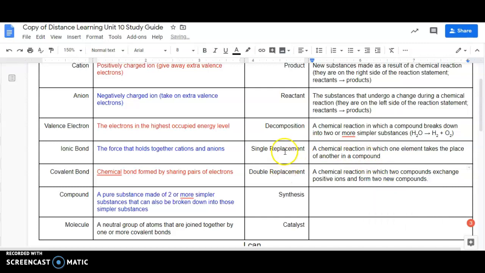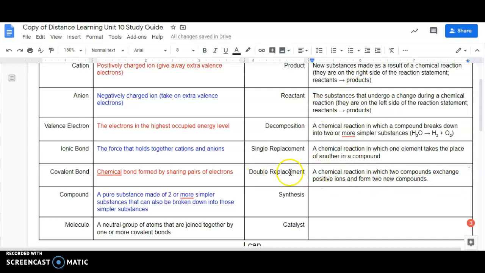Okay, so replacement we didn't really do in class. We were going to do a replacement lab on the Friday before we started our distance learning process. Basically, we have some chemicals on each side. We have our reactants and our products on each side of our reaction statement.